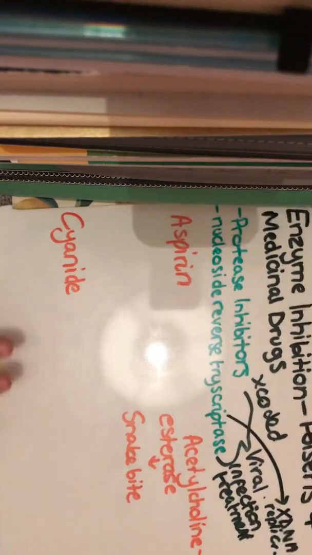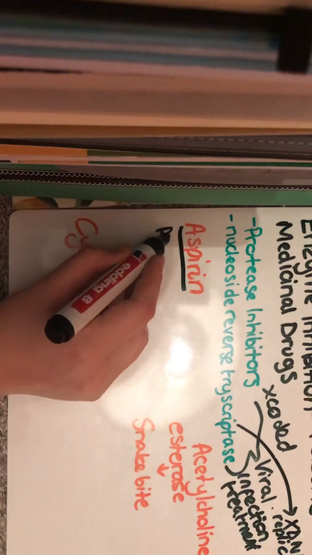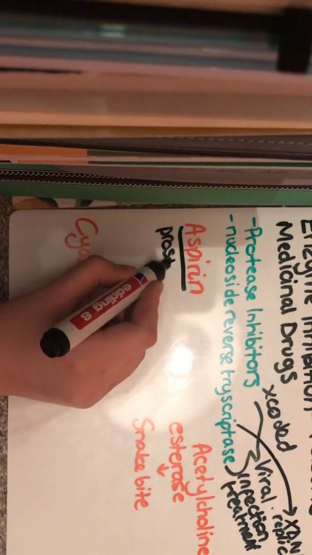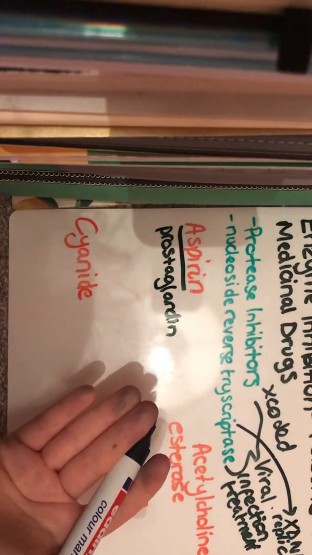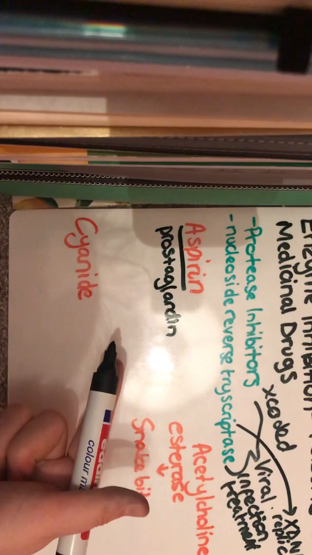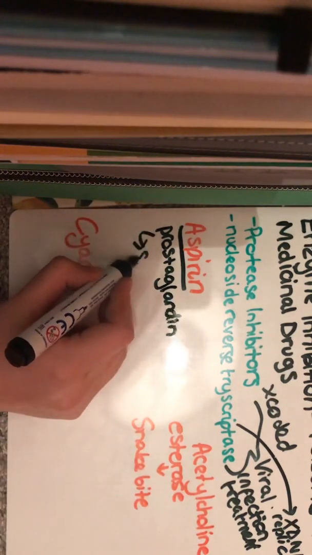Now if we look at a few examples of medicinal drugs, we've got aspirin here. Aspirin inhibits the enzyme that makes prostaglandins, and these make nerve cells more sensitive to pain and increase swelling.